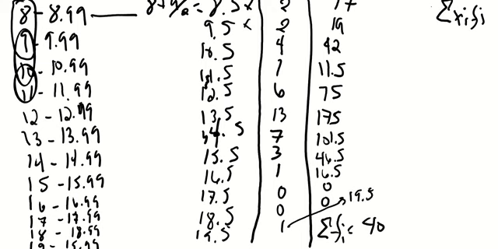And we see that there's a sigma, so that means that we have to add them all up. So when we add them all up, we get 524.